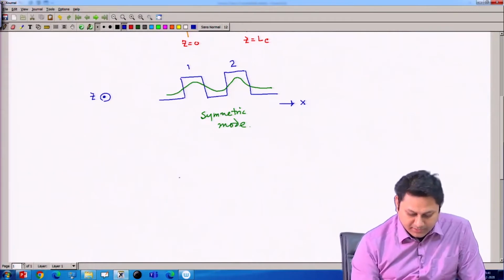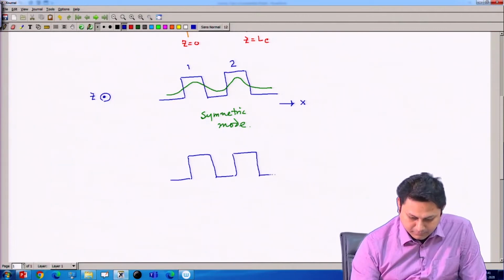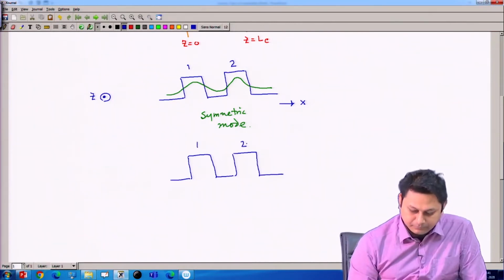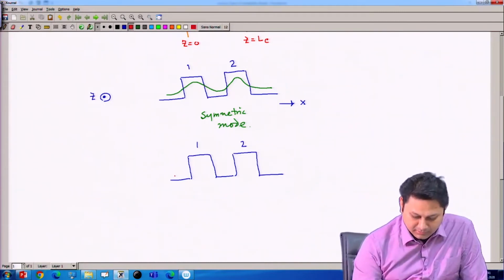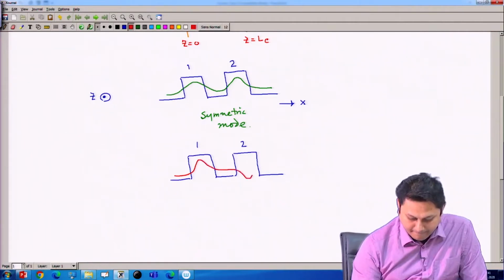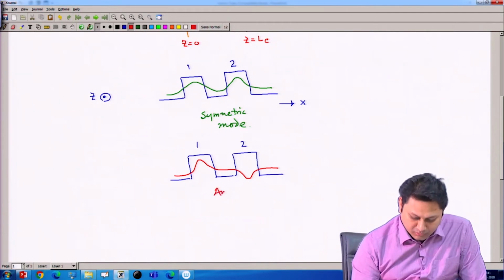Also for this waveguide, I can have a mode like this, which we call the antisymmetric mode.